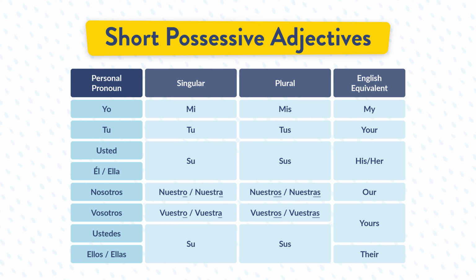And that to go before singular and plural, all you need to do is add an S. Totally easy, right? The only exception to this is nosotros, nosotras, or vosotros, vosotras, which use os or as endings for masculine and feminine respectively.